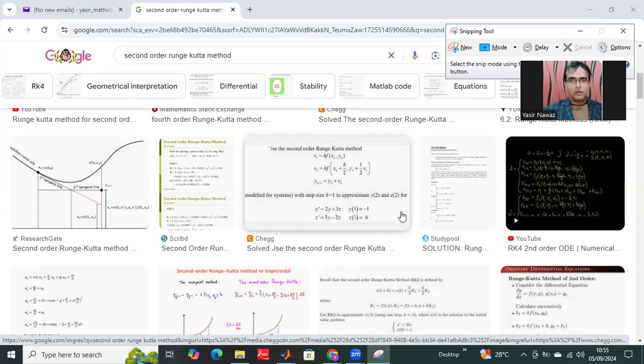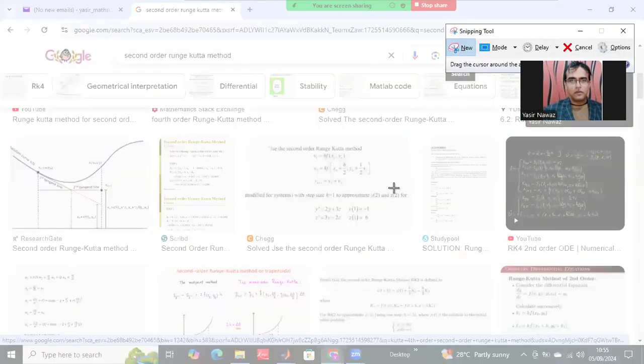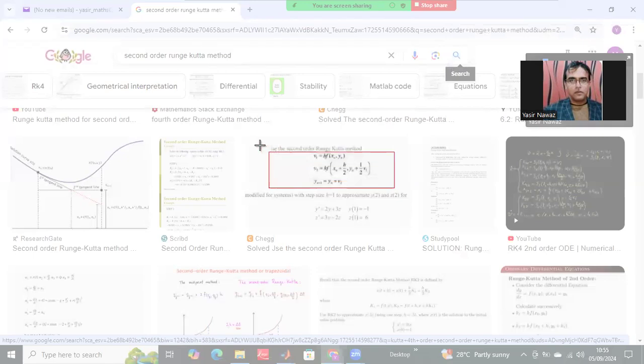This method is used for any scalar differential equation, but the SIR model is not a scalar; it's a system of equations. So I have to use this method for a system of equations. This is the second order Runge-Kutta method.